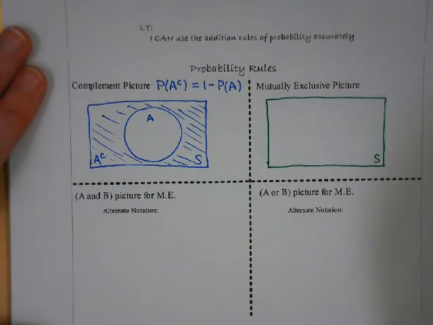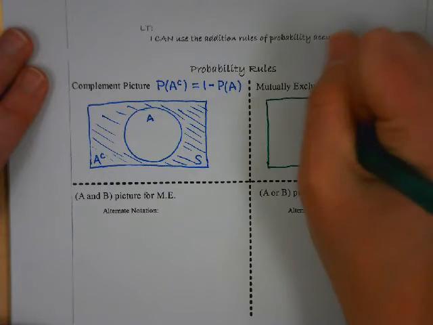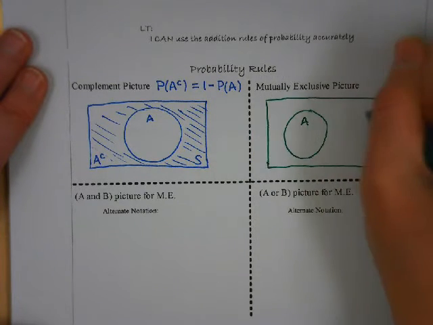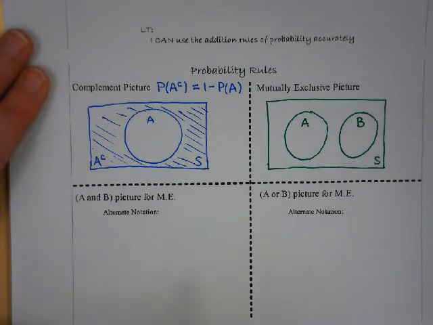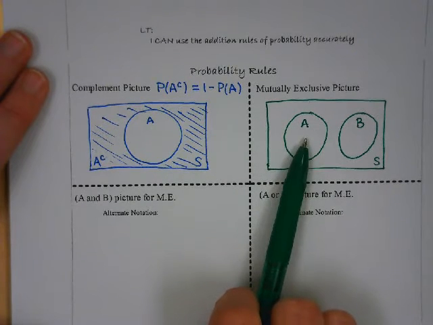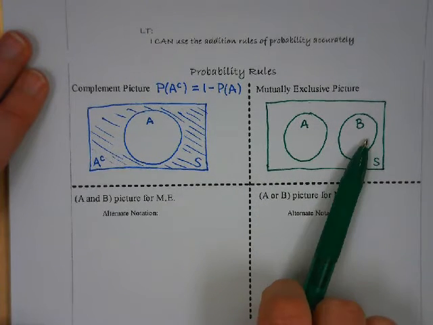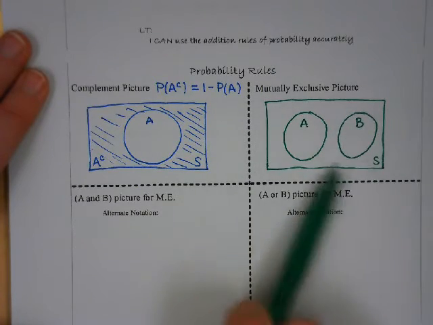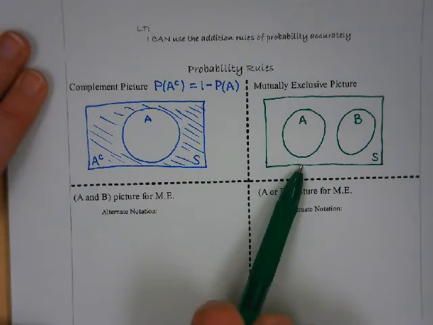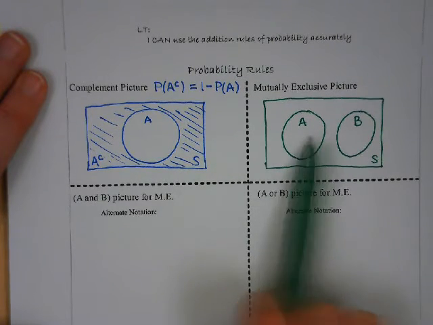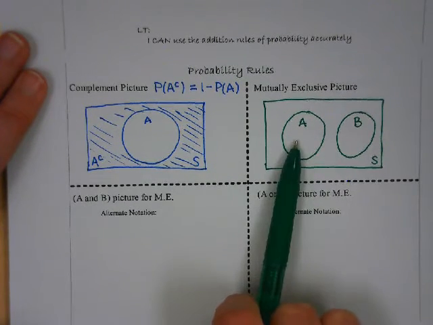So we have our sample space, and we have A, and we have B. So in this picture, A could happen, B could happen, or outside the circles, neither A or B is happening. Okay, so mutually exclusive means they don't occur at the same time.